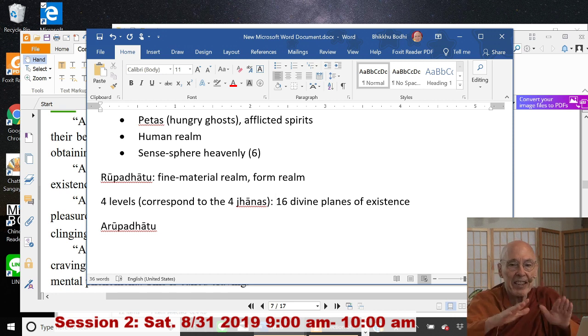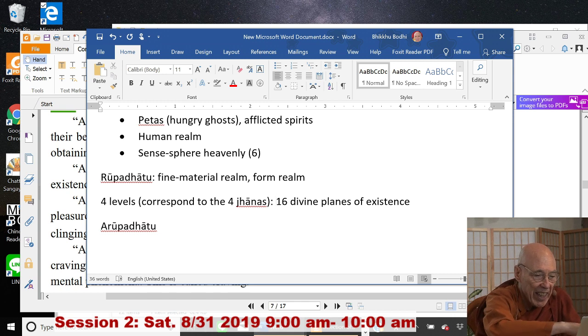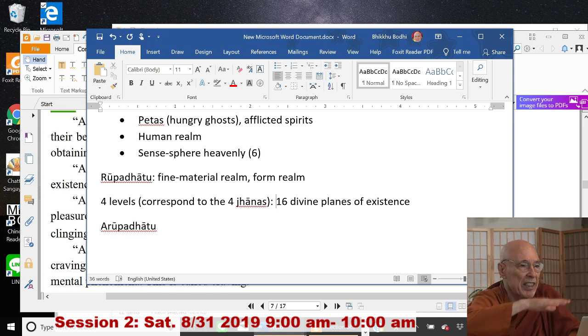So the basic level of consciousness in the fine material realm is the level of consciousness attained in the jhanic meditative absorptions. So the beings in the fine material realm normally remain absorbed in the bliss and tranquility of the jhanas, not all the time, but that's the basic level of their consciousness.